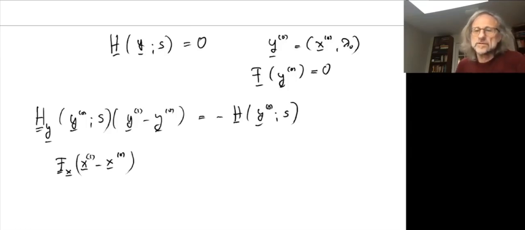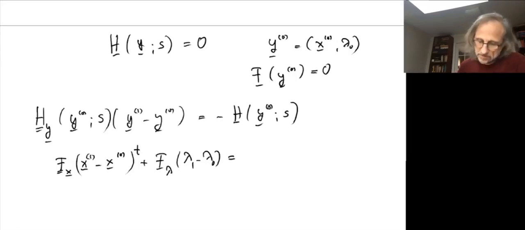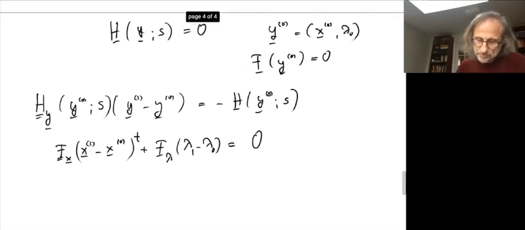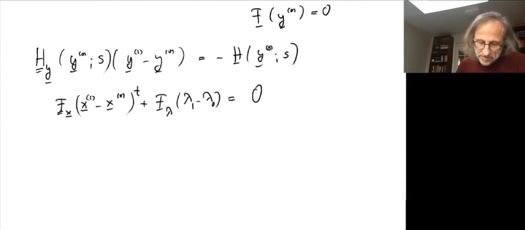We have to be careful with the transposes. These are rows, so these should be columns. Plus, then comes f lambda times lambda 1 minus lambda 0 equals, and on the right-hand side, we have f evaluated at this point, but we just said that this actually is 0 because we're starting from a previous solution. So this is actually 0. Well, this means that, again, this Jacobian is just the equation for the tangent, right?